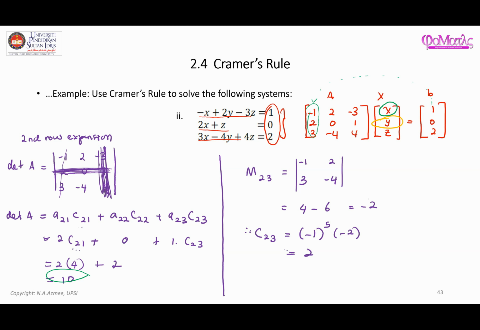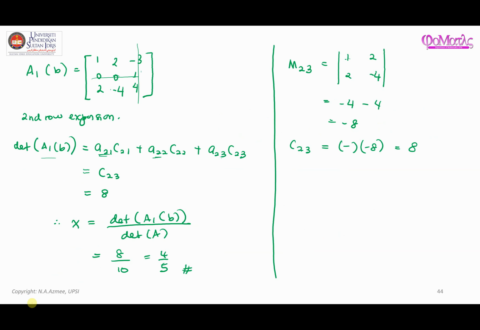We need a new matrix for that purpose. Here y is the second unknown variable, so we need a new matrix associated with y, which we call A2b.